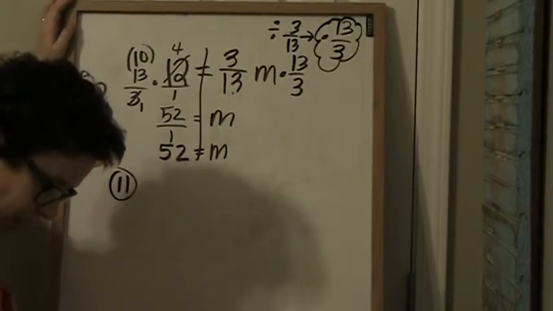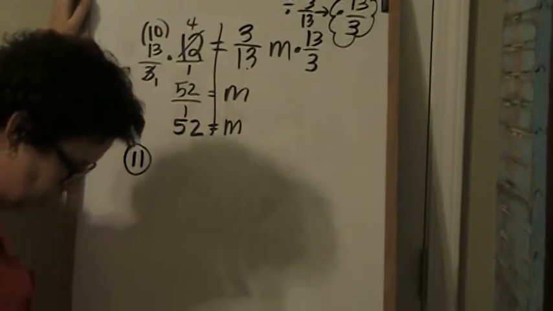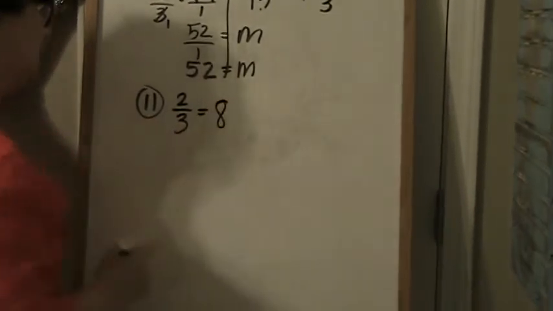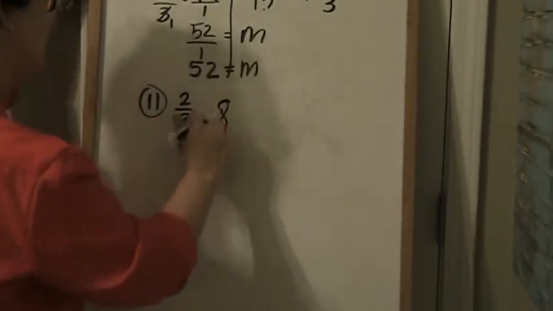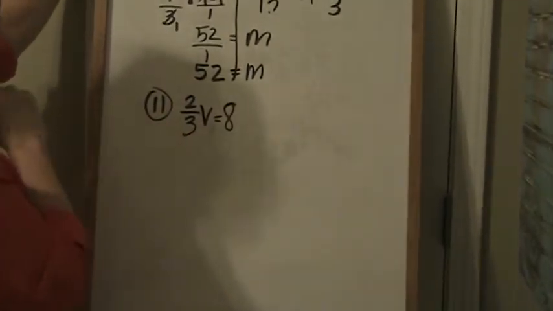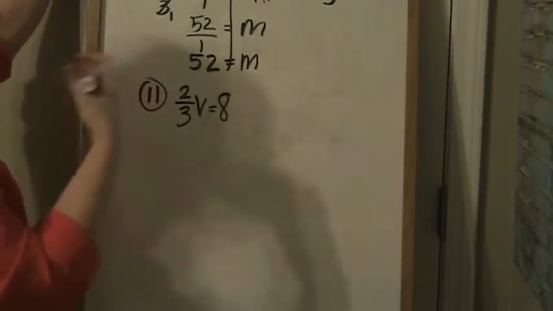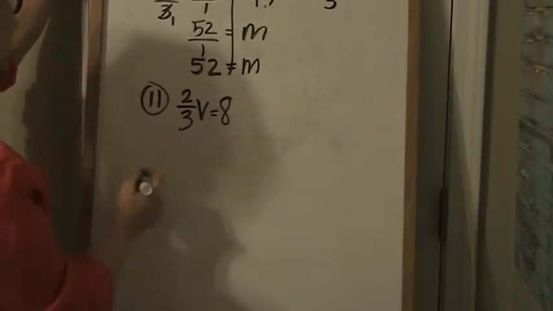All right, number 11. 2/3 v is equal to 8. Help if I put my V in there. There we go. That means 2/3 times V. Okay, so what are we going to do? We're going to divide by 2/3.